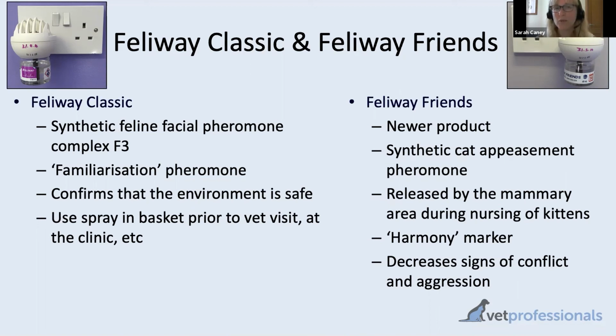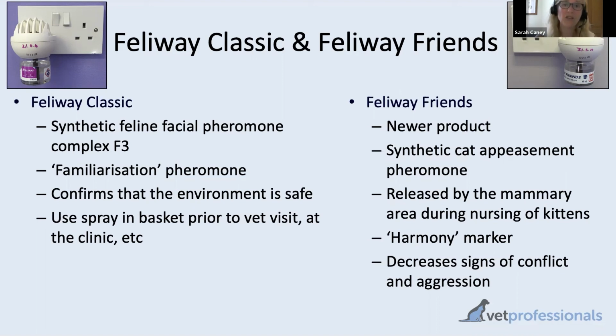So this pheromone, which is often called the harmony marker, has again been scientifically tested, a very clever product. If you have cats that are struggling to get on with each other, as well as making sure you've got plenty of resources, doing all you can to support the fact that they don't like each other, this can also help to reduce some tension.